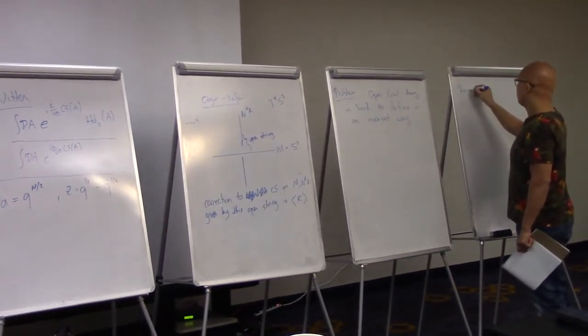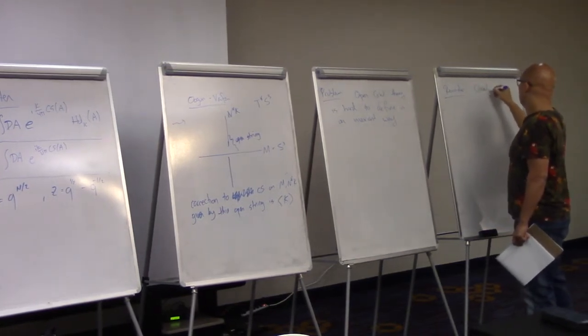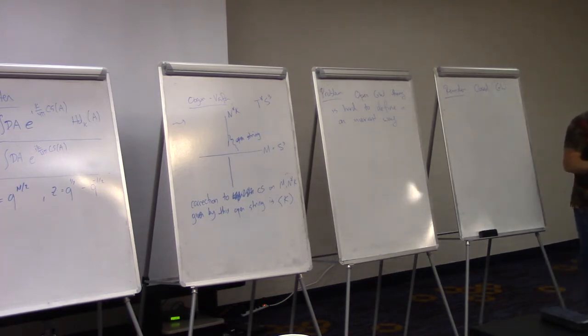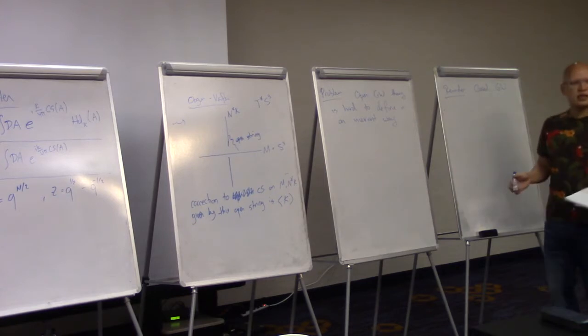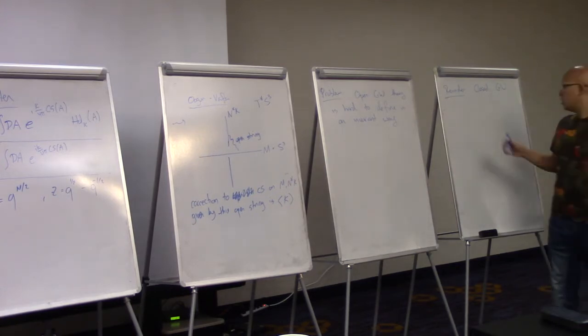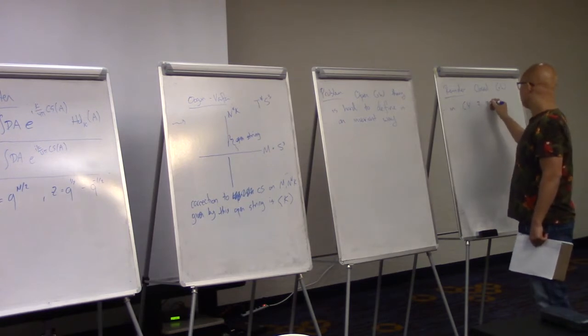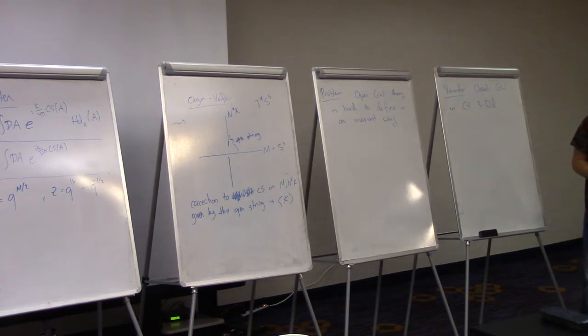Reminder: closed Gromov-Witten. And I'm going to take the simplest possible case. And when I say simplest, I mean where you can expect the moduli space to be zero dimensional, which is in Calabi-Yau 3-folds.